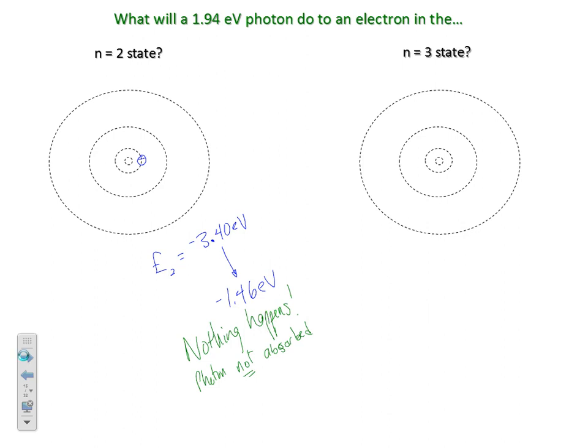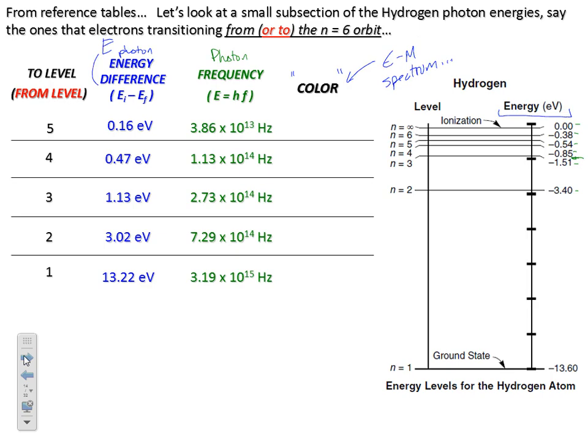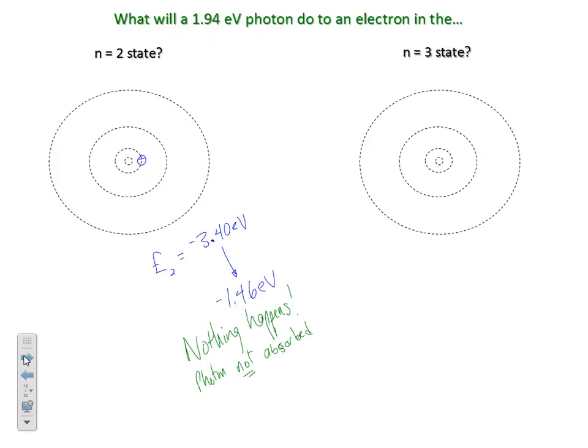All right, now notice there is this 1.51 state, and it says, couldn't we just take some of the energy out of that photon, make the transition to here and be left with a few extra hundredths of an eV? Well, that doesn't happen. You can't take that photon and break it up.